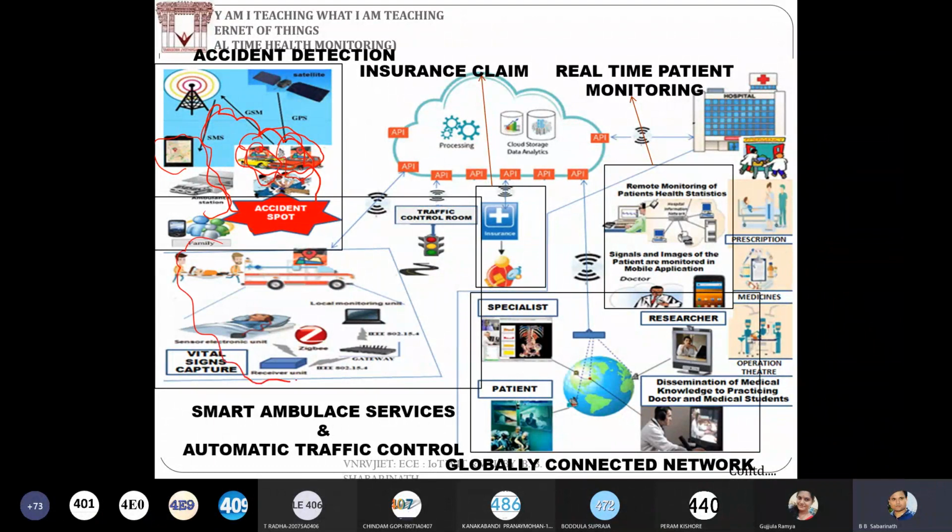After taking the patients, inside the ambulance they can have some first aid, and they can monitor what damage happened to the patients.